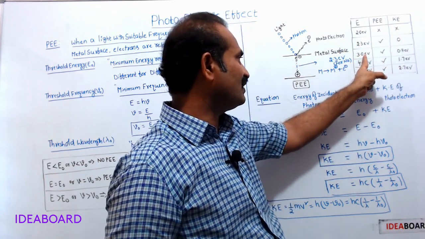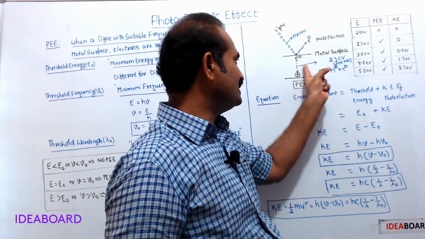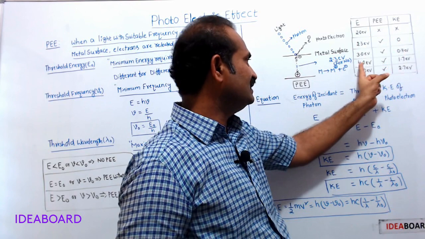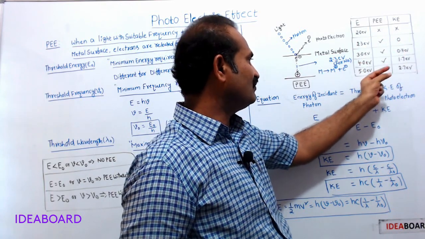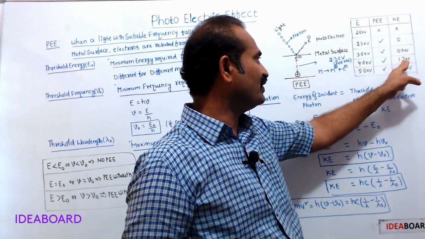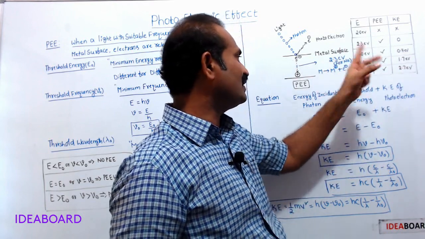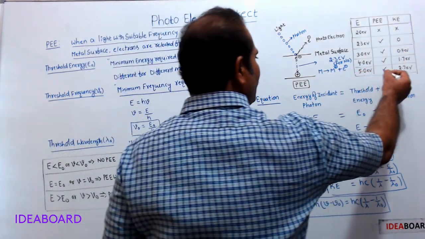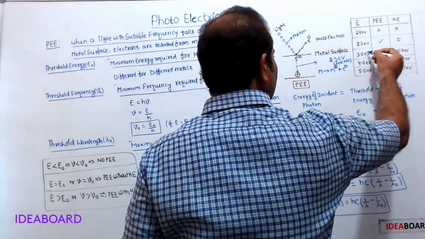In the case of 3 electron volts, 2.3 is utilized here and the remaining 0.7 electron volts turns to kinetic energy. When we supplied 4 electron volts, 2.3 was utilized for breaking the bond and the remaining 1.7 electron volts turns to kinetic energy. Here also, like that.